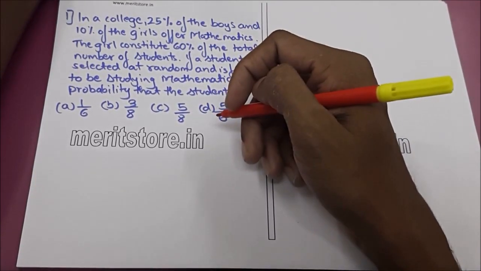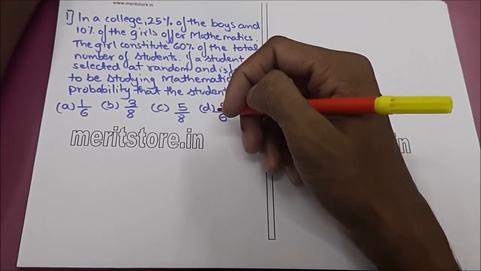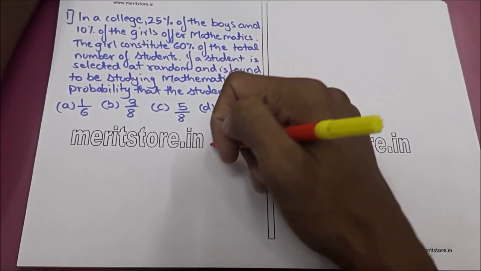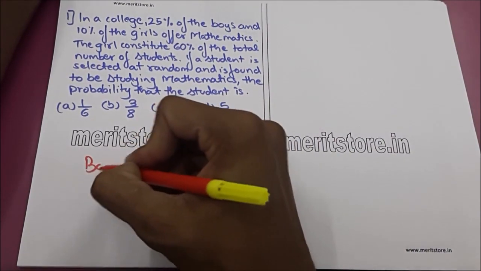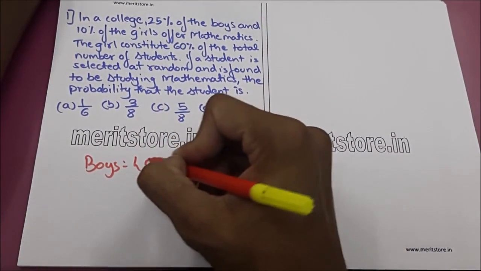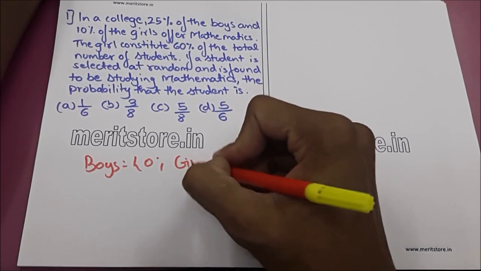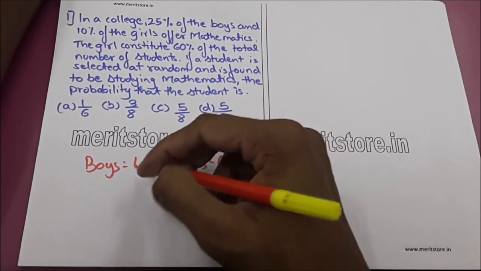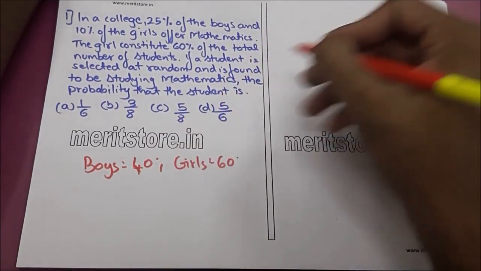Let 100 students be studying, in which 60% are girls and 40% are boys, that is boys is equal to 40% and girls is equal to 60%, where 25% of boys offer maths.